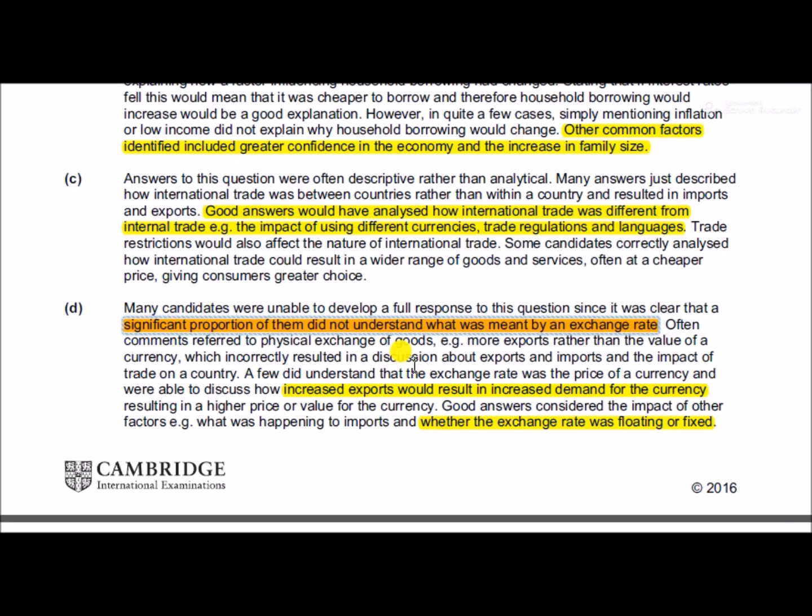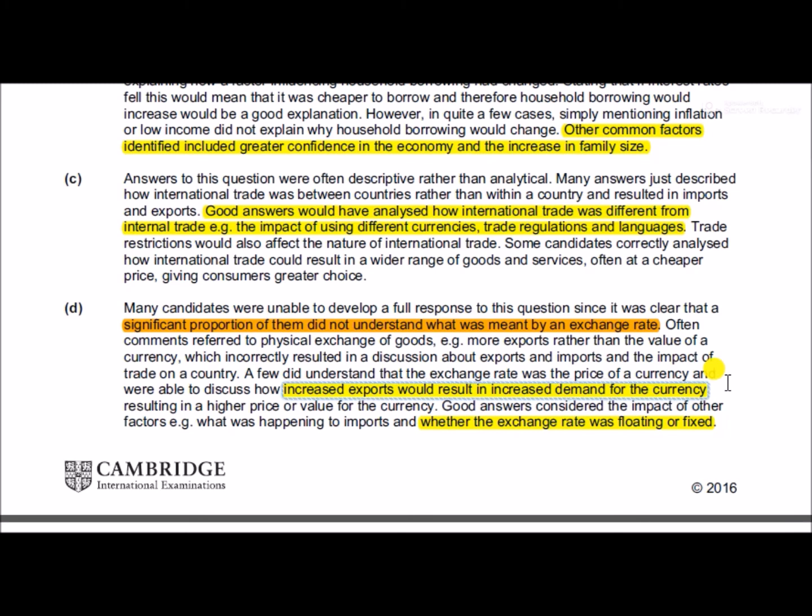So you had to really focus on what was happening in the demand and supply of the currency. A few didn't understand that an exchange rate was the price of a currency in terms of another, and how increased exports would result in an increase in demand for the currency. That was the real crux of that answer, resulting in a higher price. That's where your demand supply diagram would have really helped.